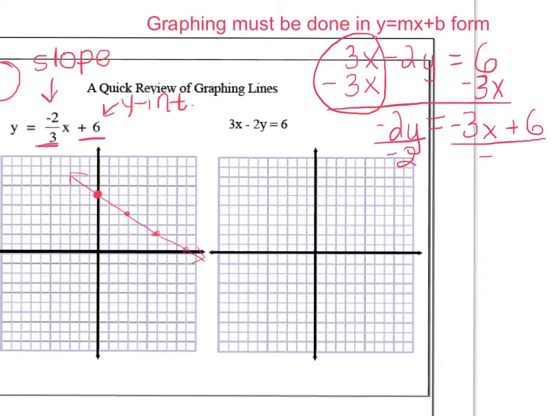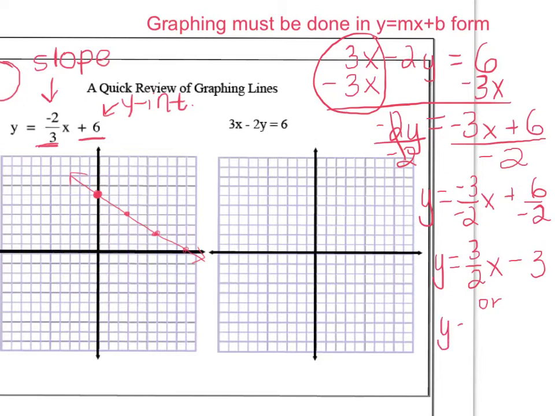Remember, I'm dividing everything by negative 2. So I'd end up with y equals, if I broke this up, negative 3 over negative 2x plus 6 over negative 2. Another way to write that, y equals positive 3/2 x minus 3, or plus negative 3. We could write it that way as well.